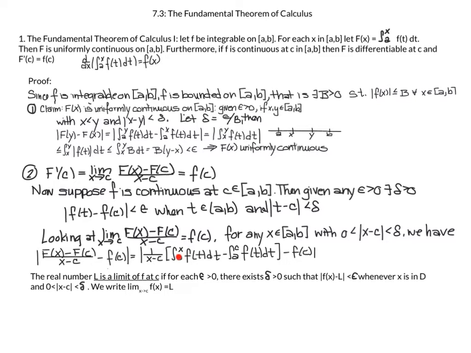So I have converted that to the integral from a to x of f of t dt, and then minus, for capital F of c, the integral from a to c of f of t dt, and then I have my minus f of c, and this is all an absolute value.